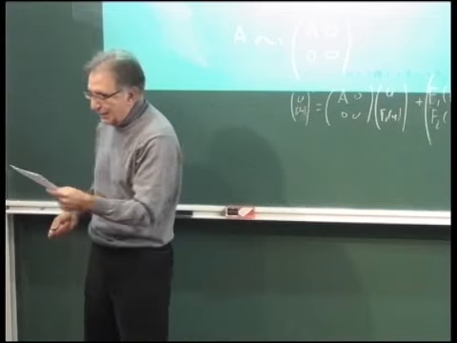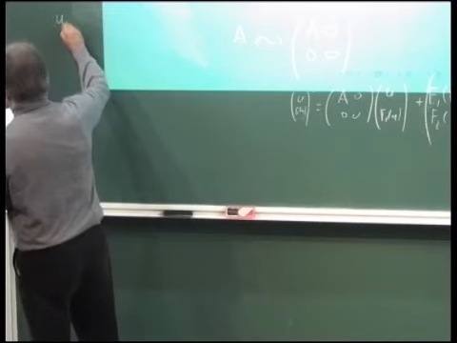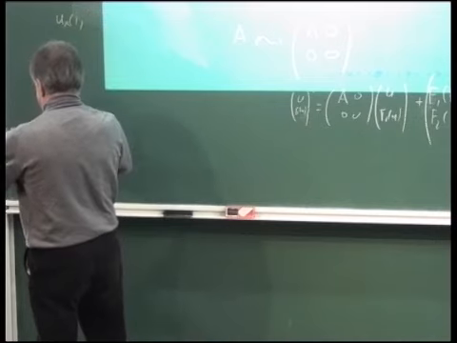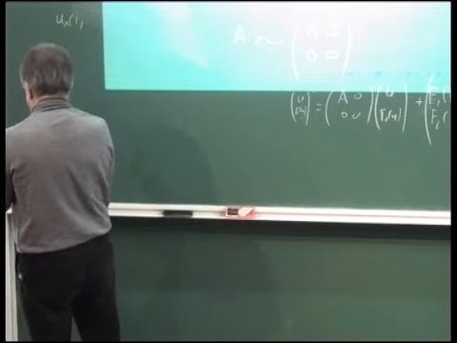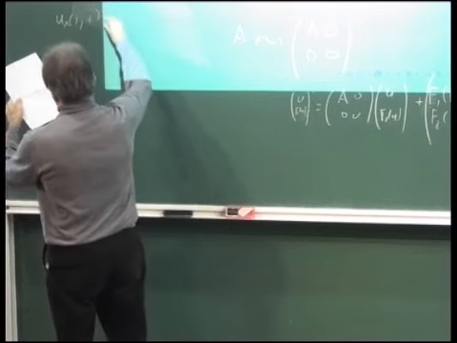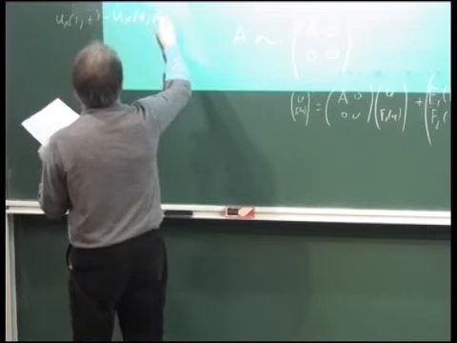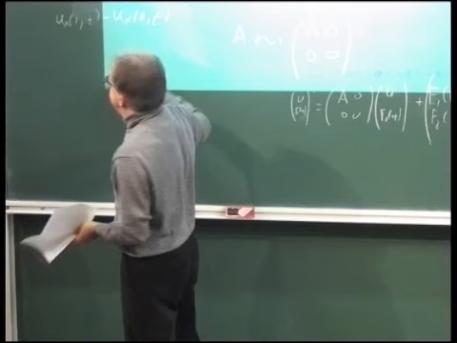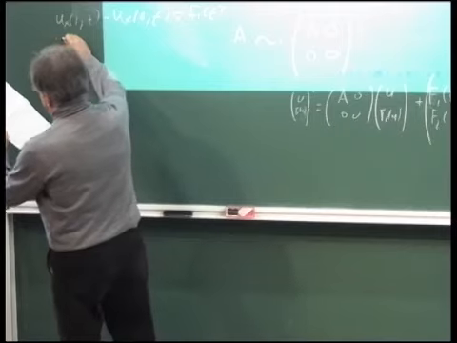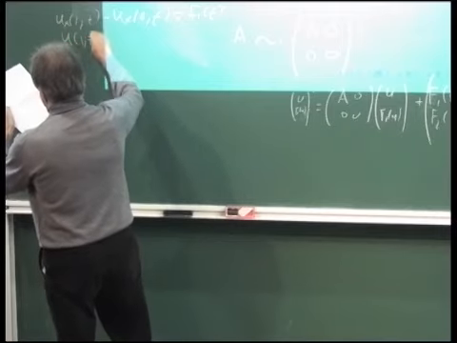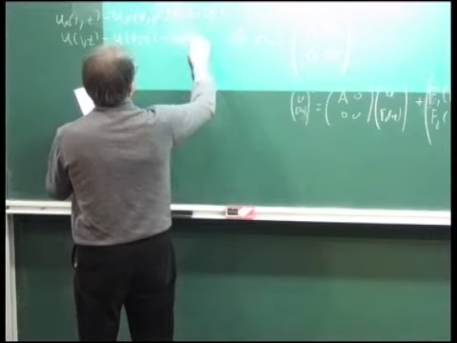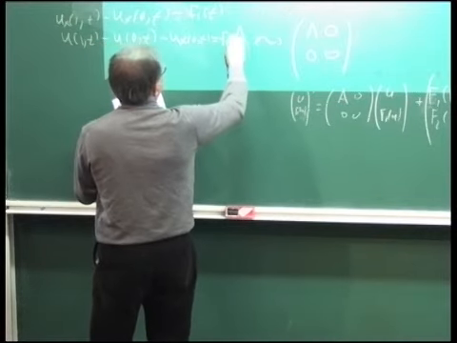Namely, they give rise to the problems u_x(1,t) minus u_x(0,t), and if you want to put non-homogeneous boundary conditions, you have some f1(t), and the second is u(1,t) minus u(0,t) minus u_x(0,t) equals f2(t).